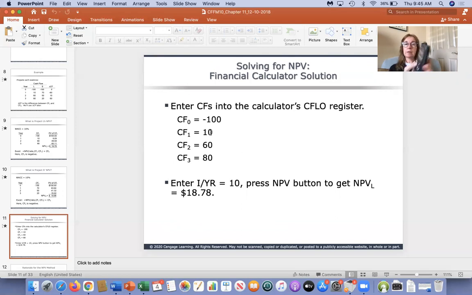Now you're going to hit NPV because that's what we're looking for. And it's going to say I equals 0. Now you put in the cost of capital, which is 10. So put in 10, enter, and the down arrow, and it'll say NPV equals 0. Hit compute right here.